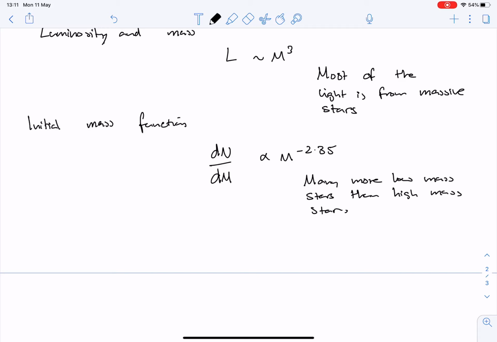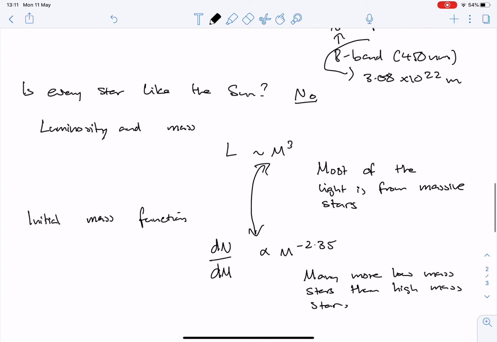The contribution of each, and where you lie, of course, depends on the interplay between these two things. You might think, well, 2.35 here and 3 here aren't so different. And it's kind of not. You can work this out in more detail to work out what the mass to light ratio should be. And so that's not too bad a guess.